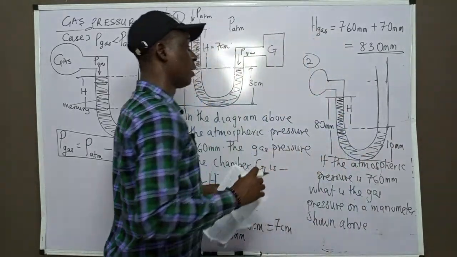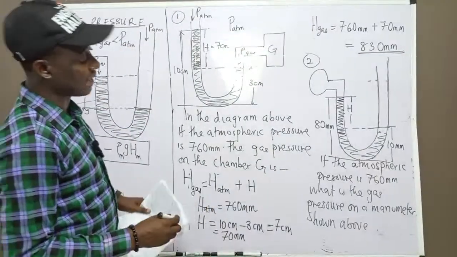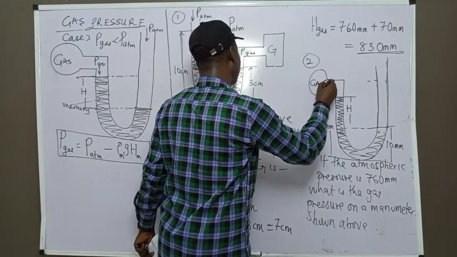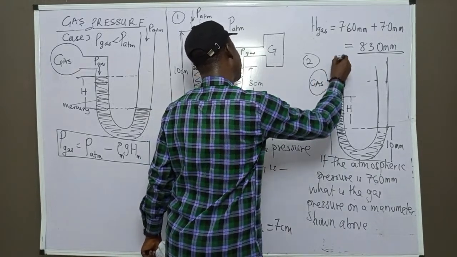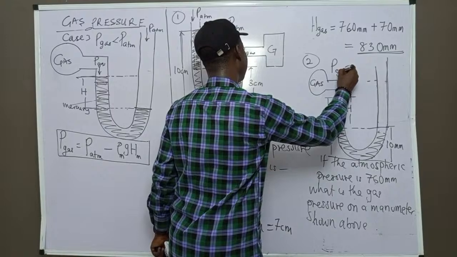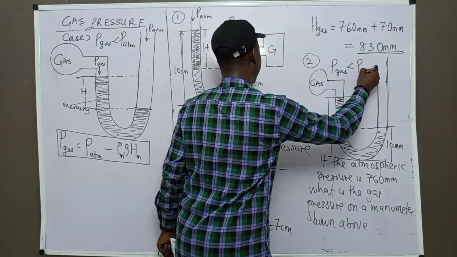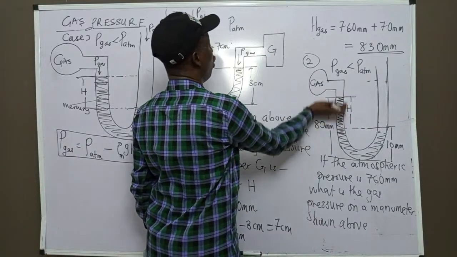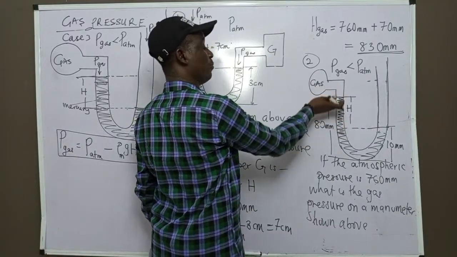Now, in this case, don't forget that the gas pressure is smaller than the atmospheric pressure. How do I know? Check the height of the rise of the manometric liquid.